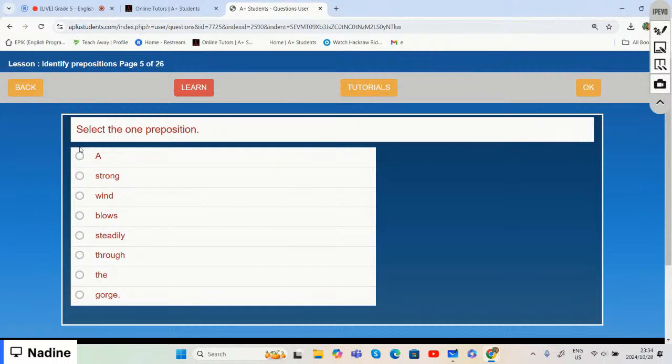Try again. Not option 5. Option 5 is steadily. Is steadily a preposition?